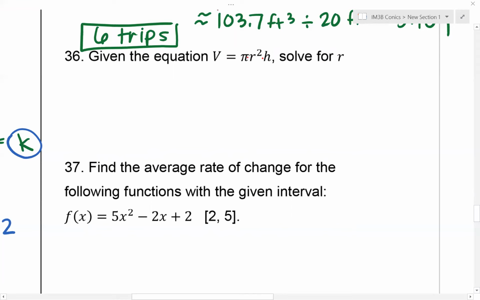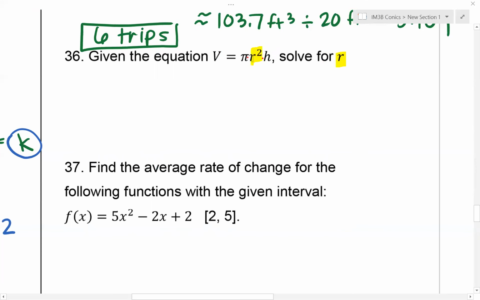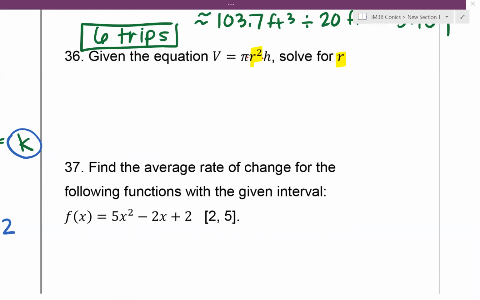And so since everything here is being multiplied and I want R by itself, I'm going to divide by everything, and then I can at least get R squared by itself.